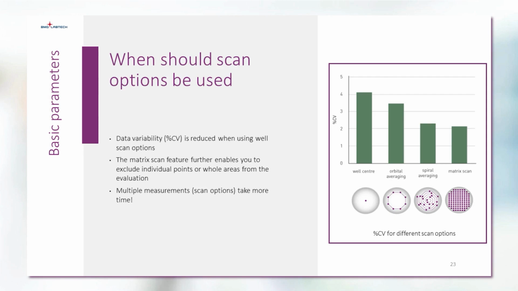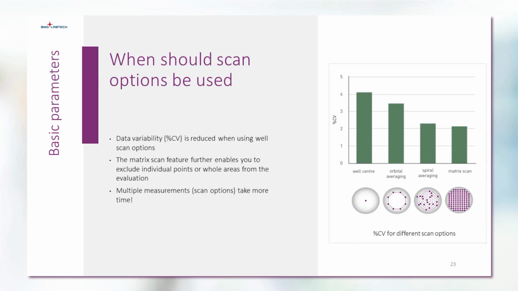And as you can tell from the graph showing the percent CV of wells including fluorescent cell samples, scan options help to improve data reliability substantially. In this example, matrix scan delivered the lowest percent CV, followed by spiral averaging and orbital averaging, while the simple measurement in the well center delivers the highest percent CV and thus the worst result.